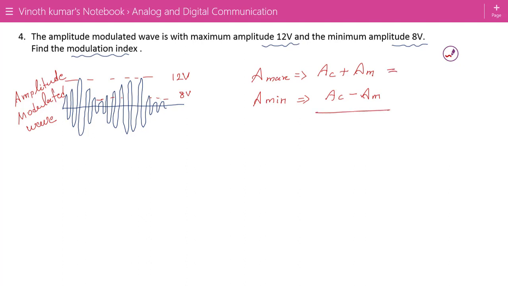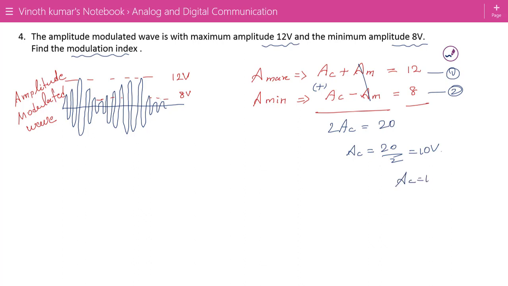Here the maximum value is 12 volts and the minimum value is 8 volts. Let's say these are equation 1 and equation 2. Adding both, the AM terms cancel and 2AC is equal to 20. So the amplitude of the carrier signal is 20 divided by 2, which is 10 volts.